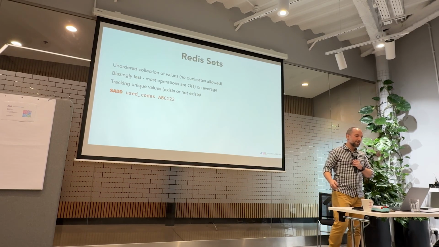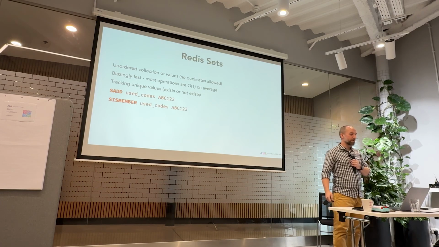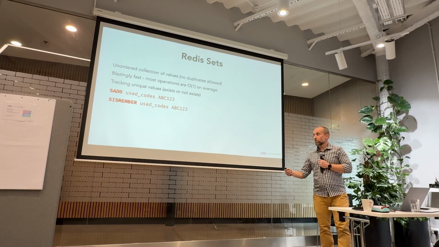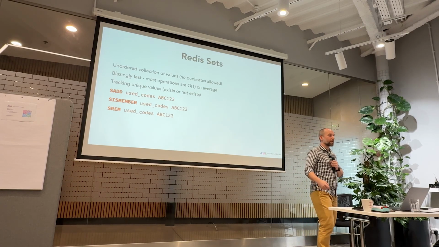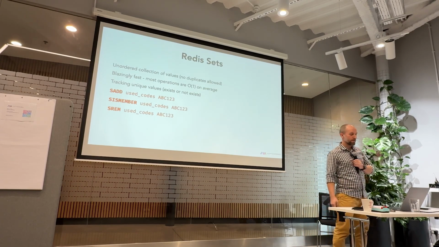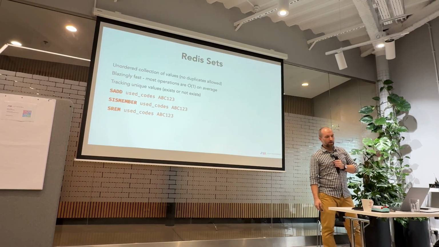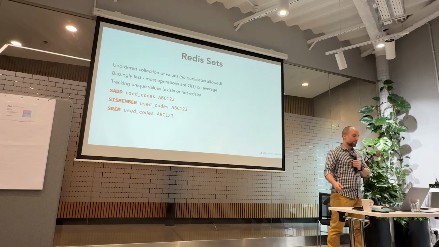First there's the SADD command, and then there's SISMEMBER just to check the existence. And sets have this nice property that you can remove codes, in case you have a use case where a code could be reused, so you can manually remove the code and try to reuse it later.